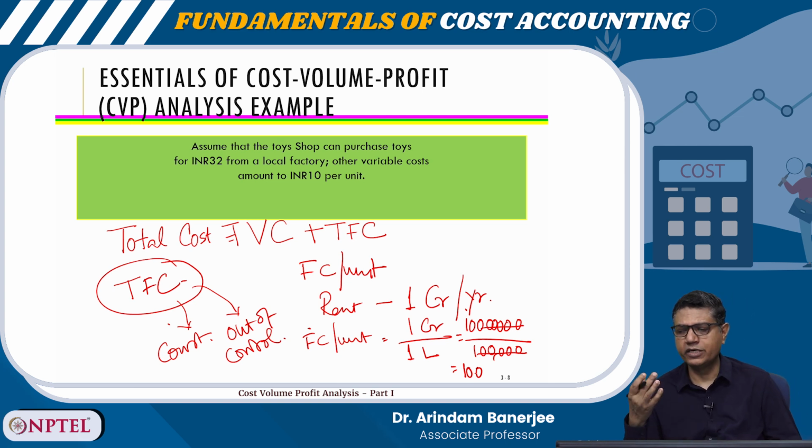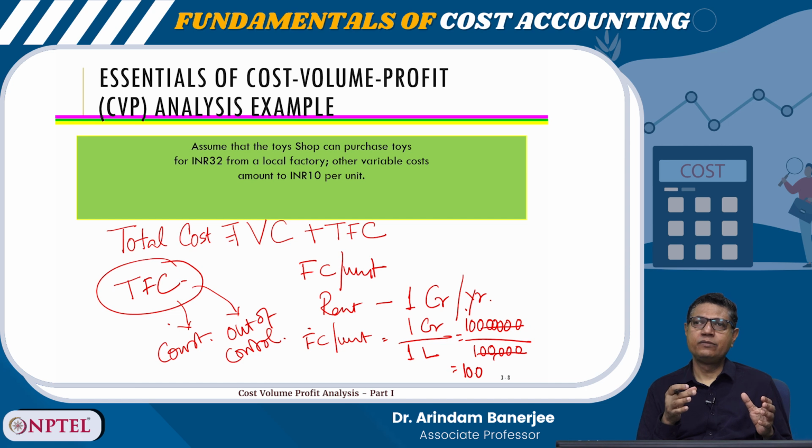If my unit production becomes 10 lakh, then this fixed cost per unit will come down to 10 rupees, right. So, the difference between the total variable cost and total fixed cost movement is that the total variable cost changes with the level of production, but per unit variable cost remains same, but total fixed cost remains same with the change in level of production, but the fixed cost per unit comes down.